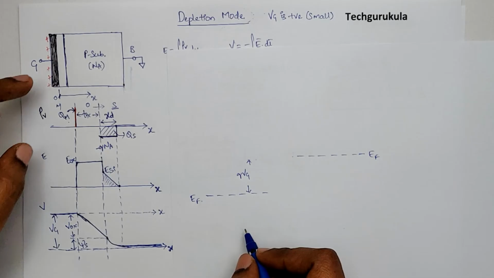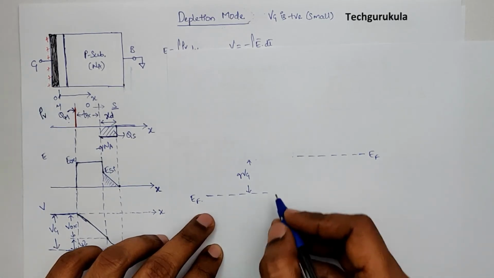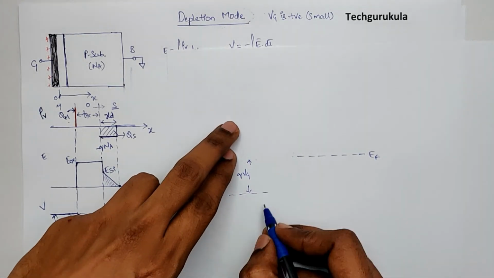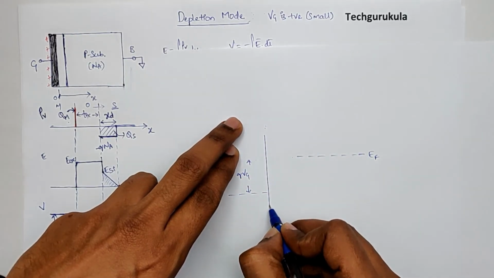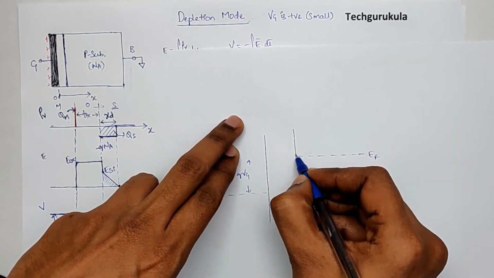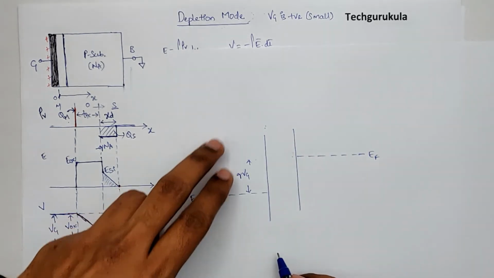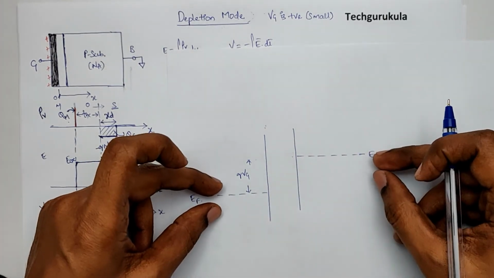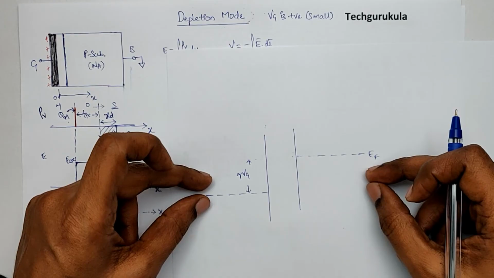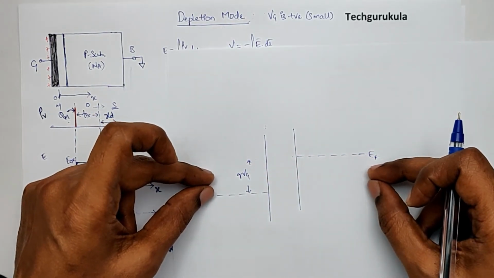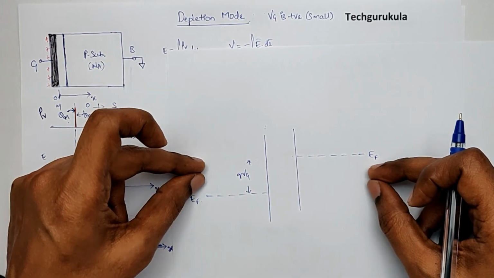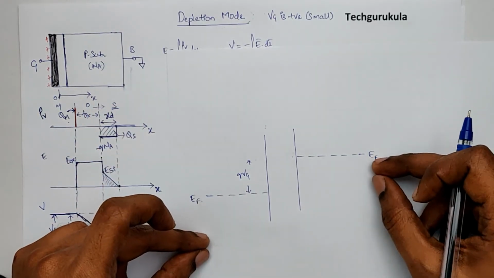That's in fact the potential applied here. Now there is oxide in the middle, so I'm going to take the energy band like this. Initially, under equilibrium, the Fermi energy levels were at the same energy level. Now, because we applied positive potential here, it goes down with respect to this.